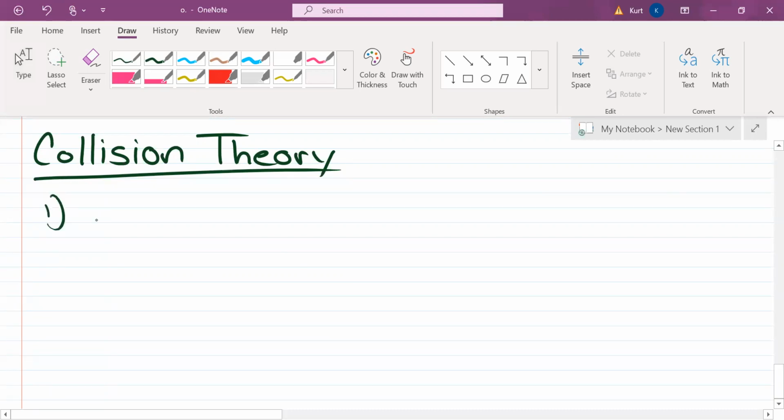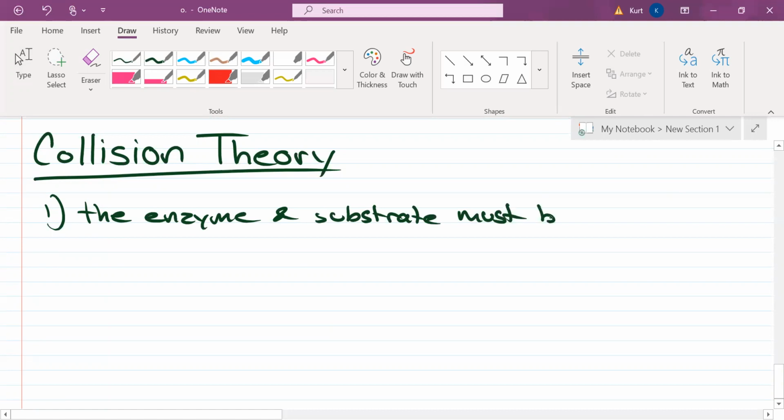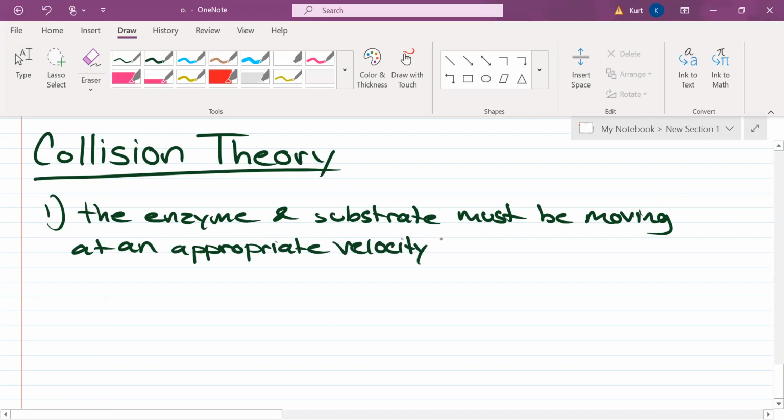One, the enzyme and substrate must be moving at an appropriate velocity to stimulate a reaction.